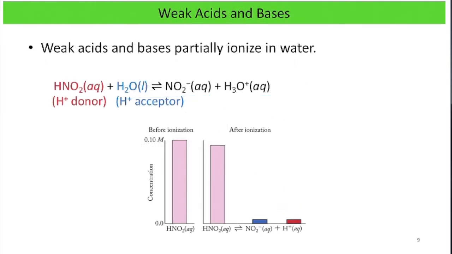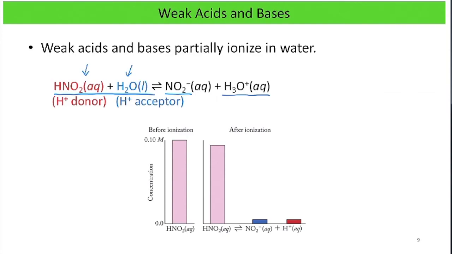So here's a graphical representation of how a weak acid would dissolve in water. In this case, we have nitrous acid, HNO2, reacting with water. So this is the acid, water again is the base, and it's producing NO2 minus ions and H3O plus. That H3O plus means that the reaction is going to produce something acidic.